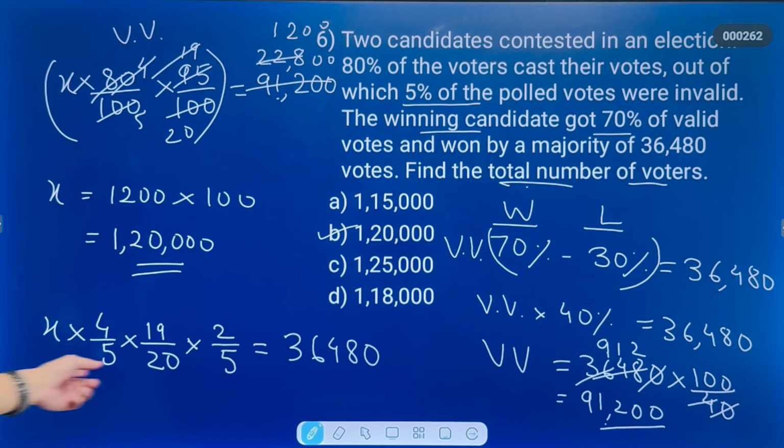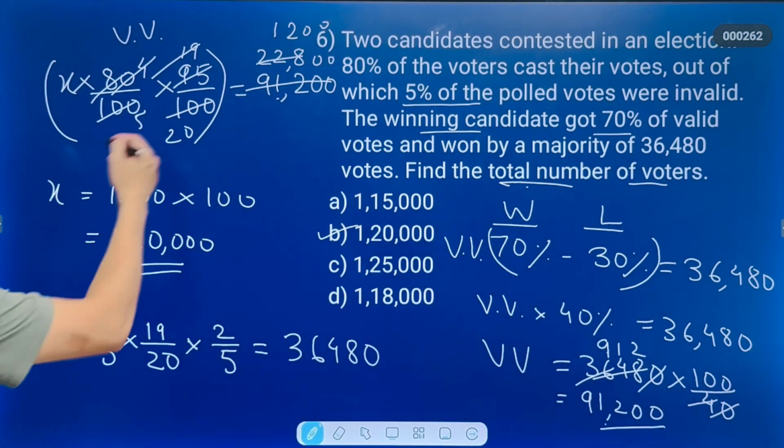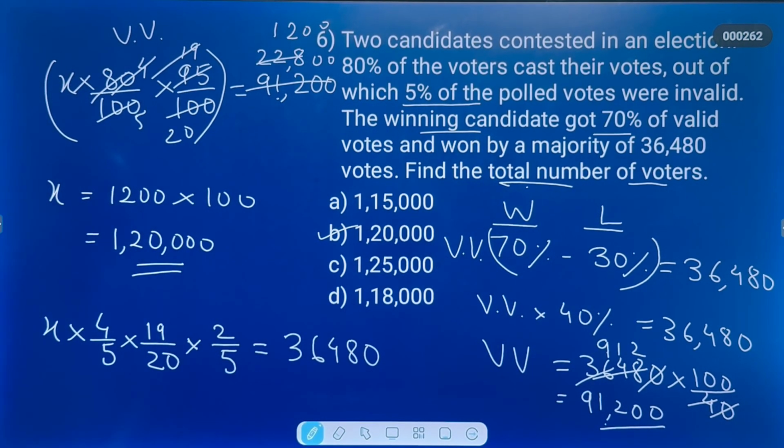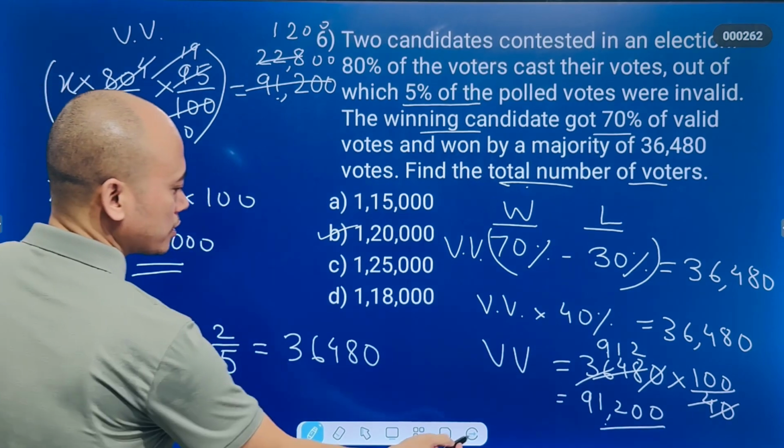So we can write the equation like this, and then we can easily solve it. It is the same as I showed you, I showed it in parts, but directly we can solve it like this. Answer will be this much, 1,20,000.